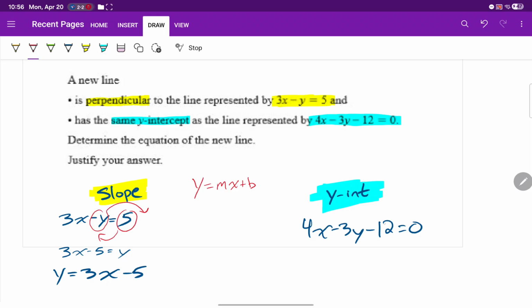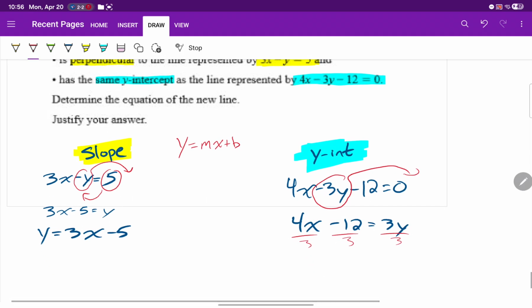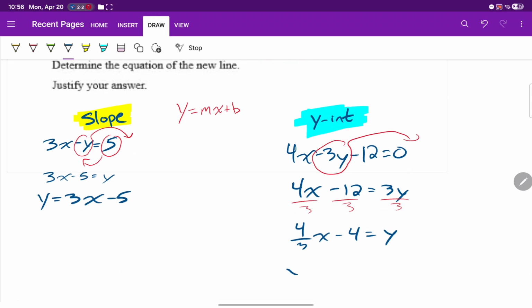If you're wondering what an application or thinking question could be on a test, this is a great question for that. I made a little mistake there. Okay, I brought my y to the other side. I'm going to divide every single thing by 3. Doing that, I get 4 over 3x minus 4 equals y, or y equals 4 over 3x minus 4.